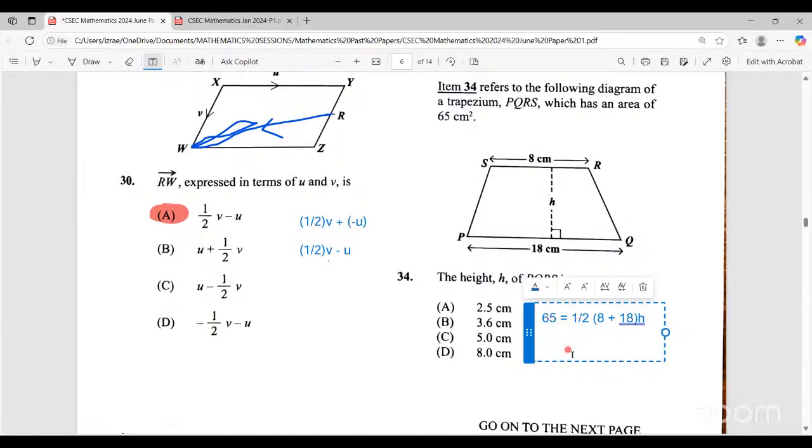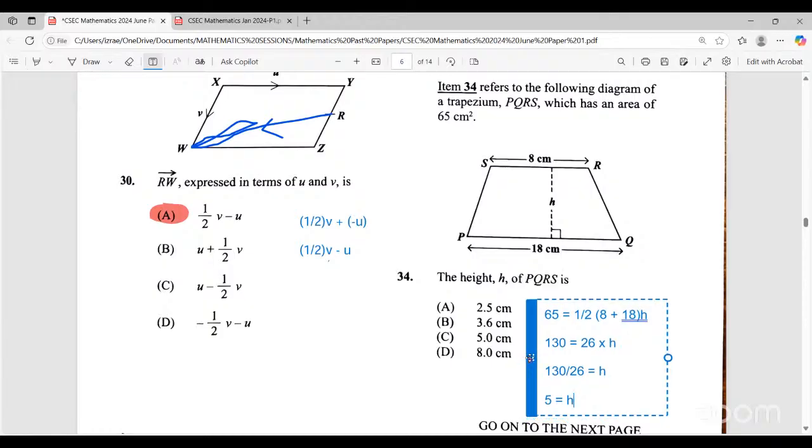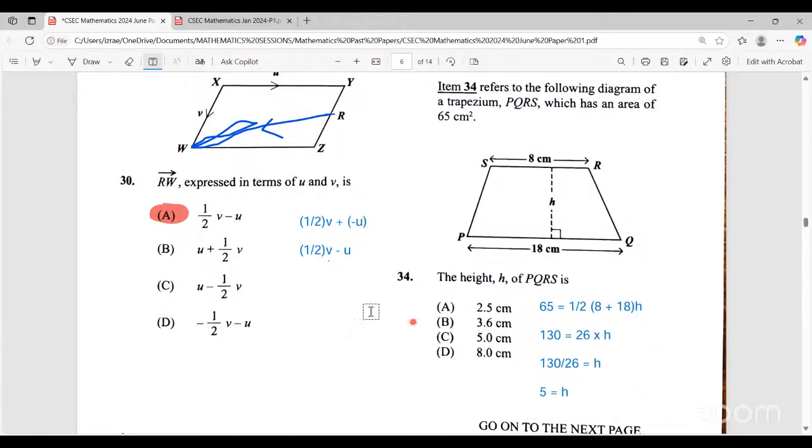Cut that across, that'll become 2 by 65, and that'll be equal to 130, equal to 8 plus 18, sorry, which is 26, by H. So we all know H would be 130 divided by 26. And what will that be? So obviously it will be 5 is equal to H, okay? So easy stuff there. So that's C.